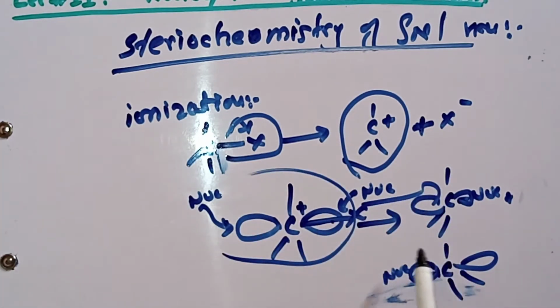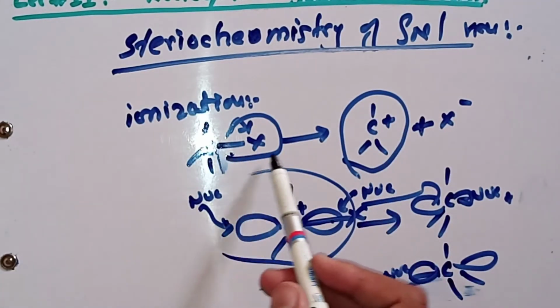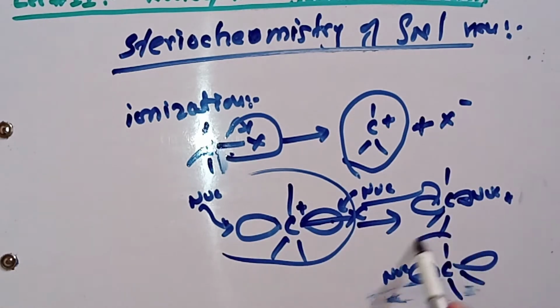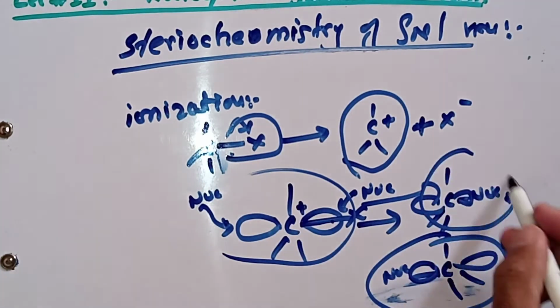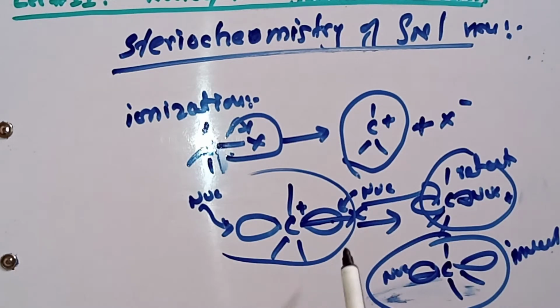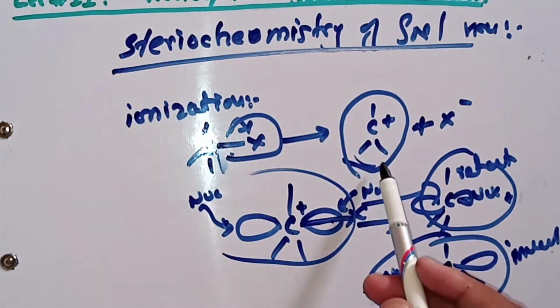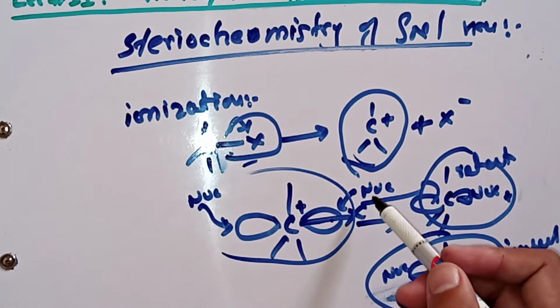So the second product will be called the inversion product, while this product will be called the retention product. Retention products are those in which the nucleophile attacks the cation from the side from which the leaving group left.